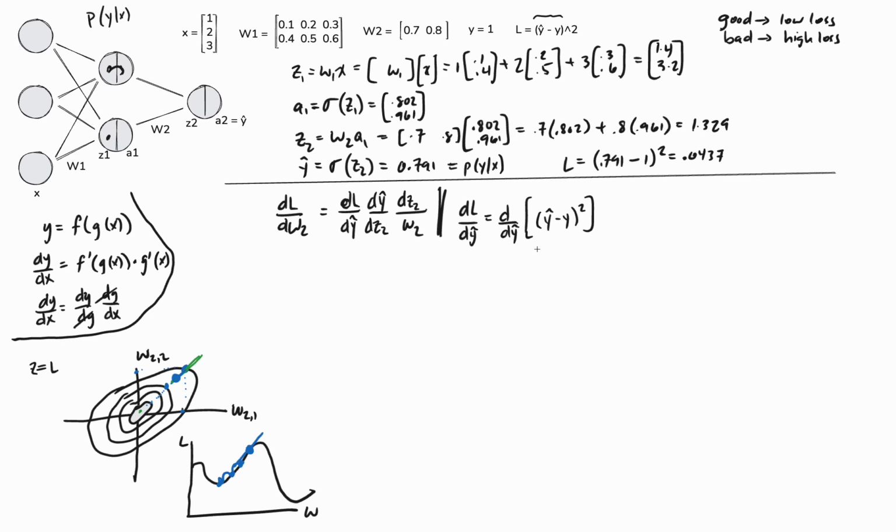So what we can do is set a temporary variable, call it u, set to y hat minus y. And so then I can just write this as a function of u squared.